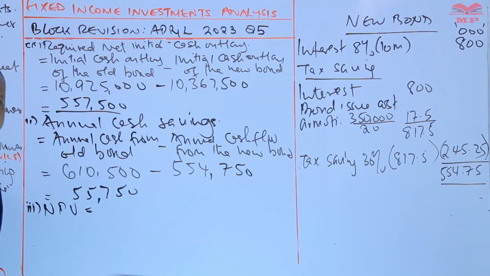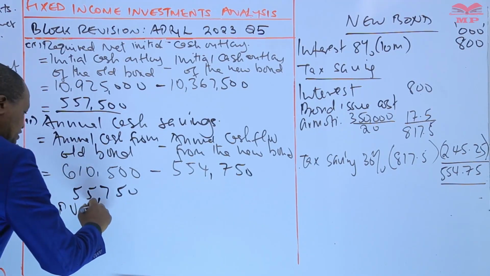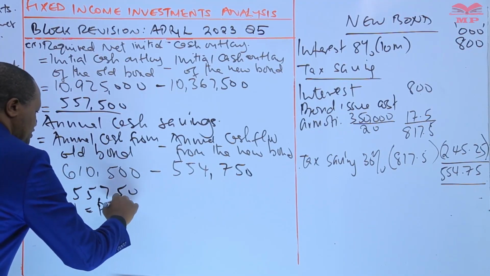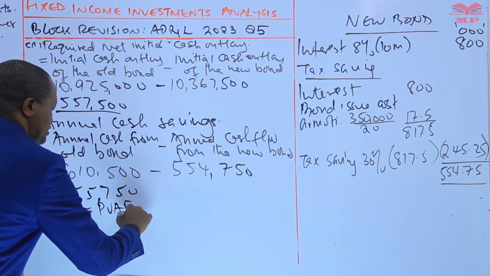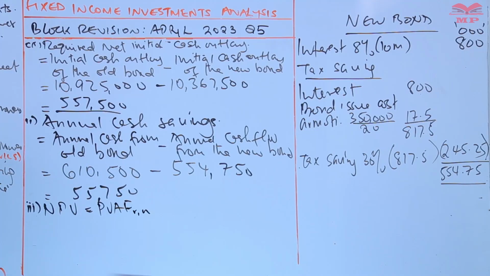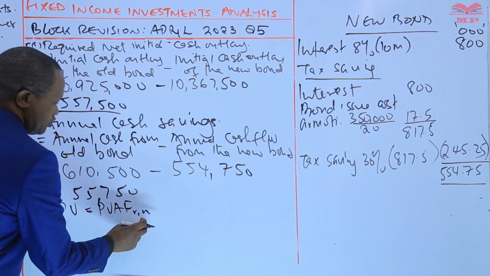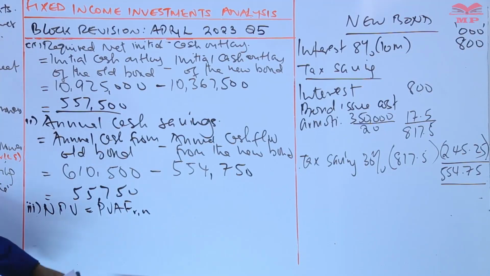This is an annuity. We are going to use the present value annuity factor. We know the periods are 20. The R we do not know, but we have the coupon rate of 8%.